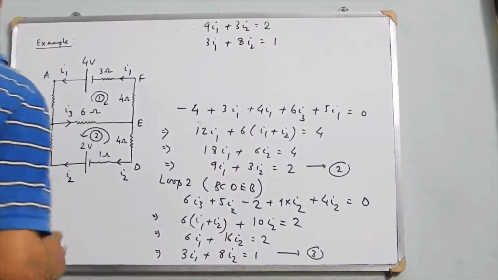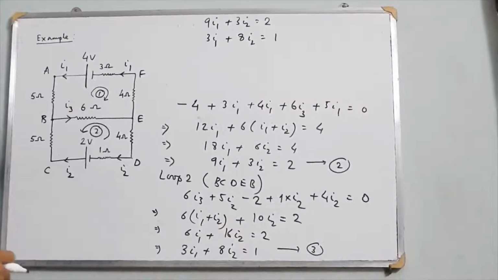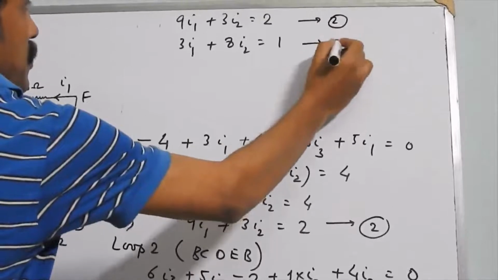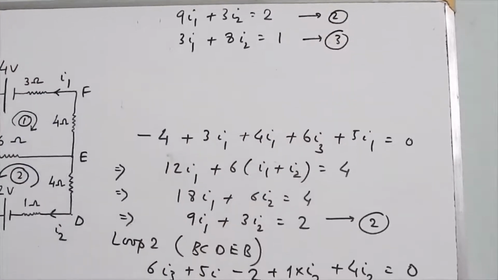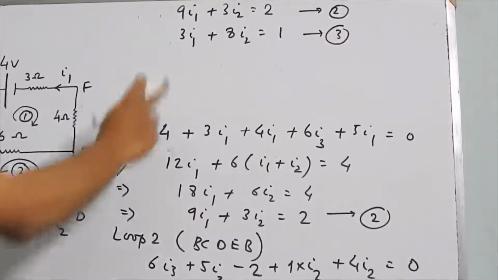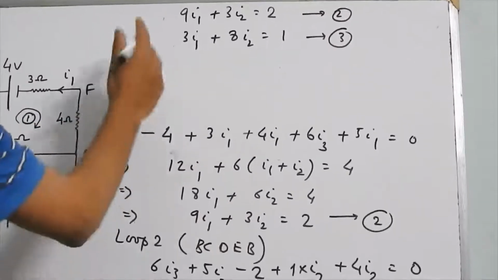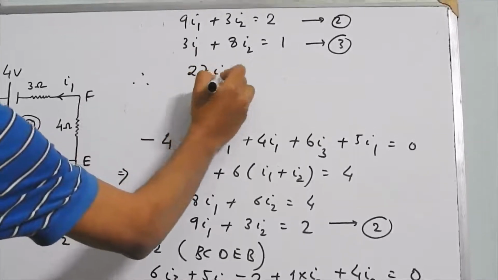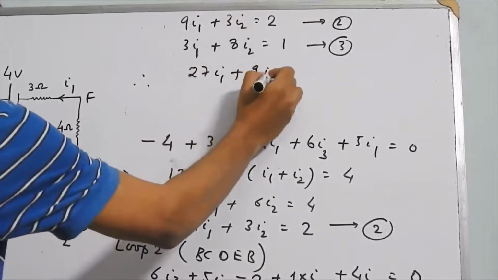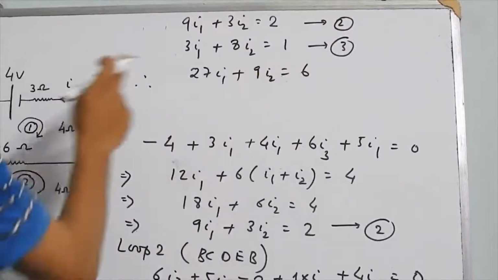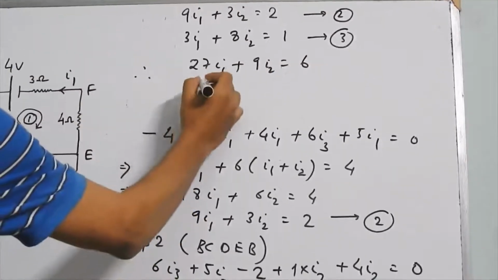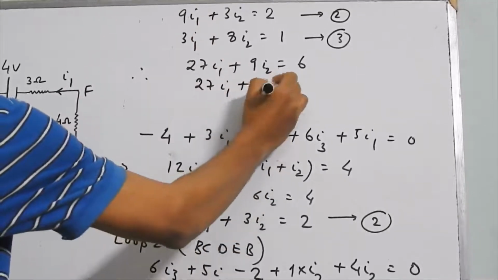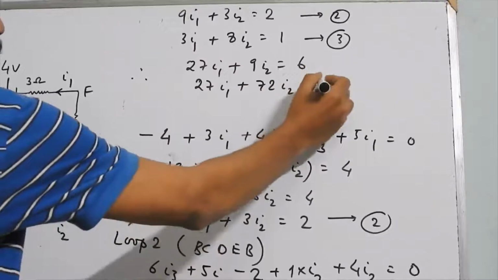So now we can multiply the first equation, this equation 2, by 3 and the second equation by 9. So therefore what we have is 3 into 9 is 27I1 plus 3 into 3 is 9I2, 6. Second equation multiplied by 9, 27I1, 72I2 is equal to 9.